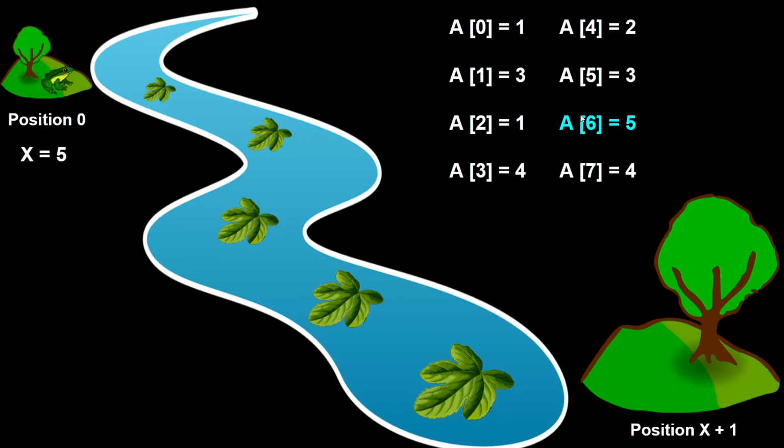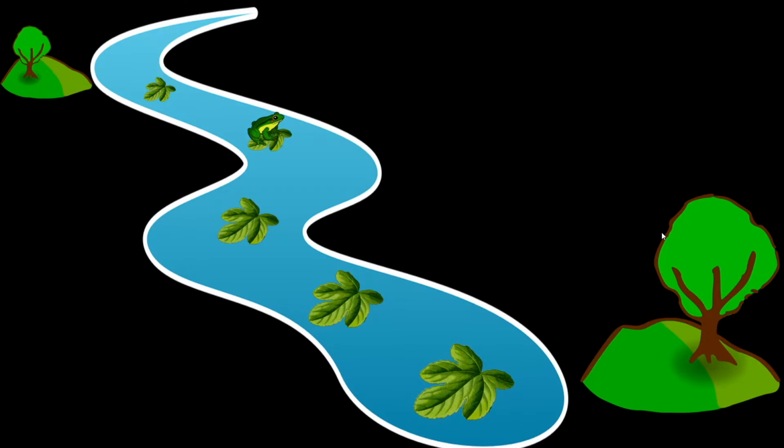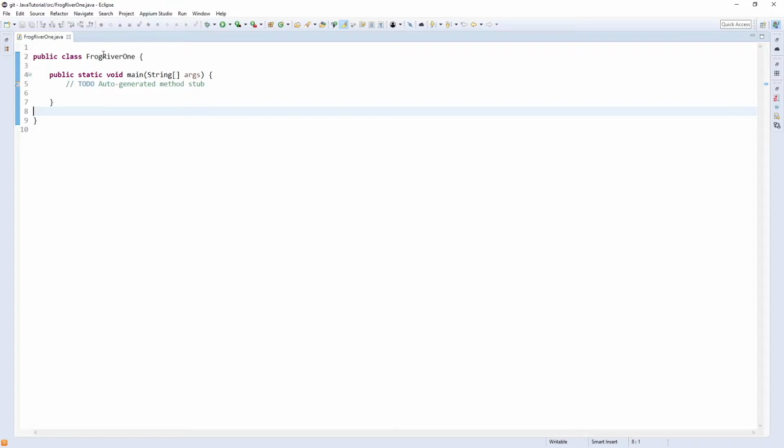So as we can see here at time 6, there's a leaf in every position. Our array does go to 7, but the earliest that our frog can cross is actually at time 6 when there's a leaf in all 5 positions. So our frog can cross the river and go to the other side.